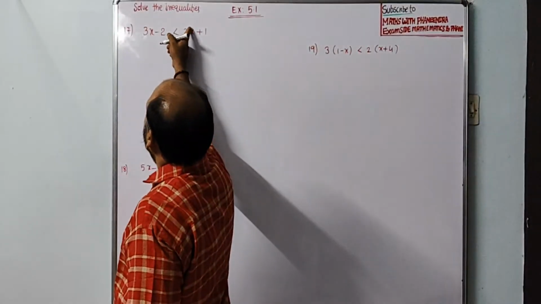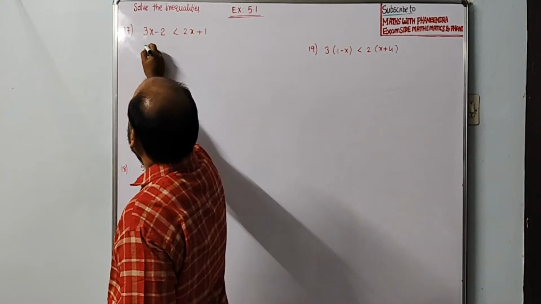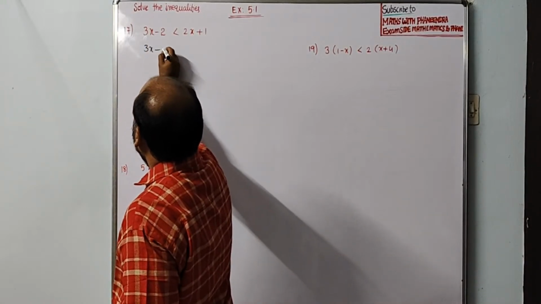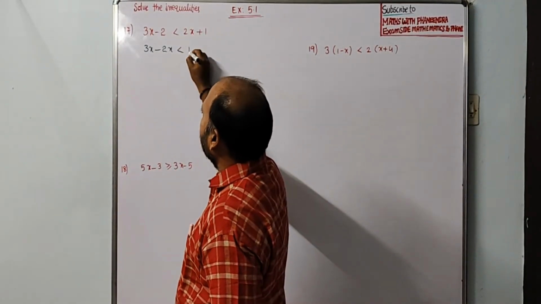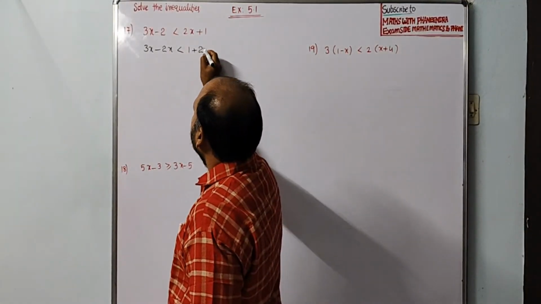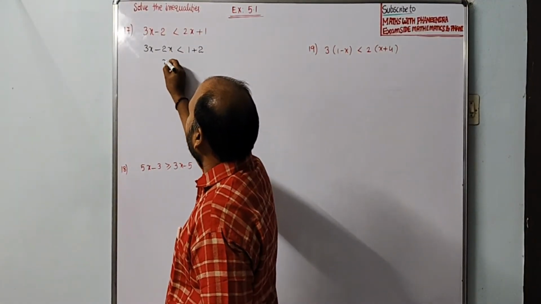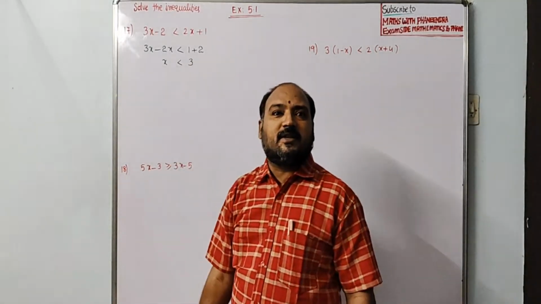Here 2x is a variable, bringing this side, and the constant minus 2 bringing this side. So 3x minus 2x is less than 1 plus 2, which is 3. So x is less than 3.